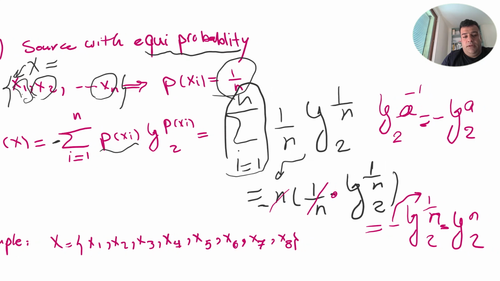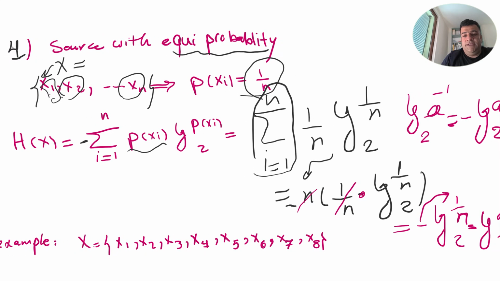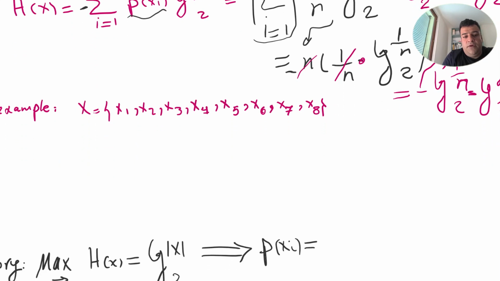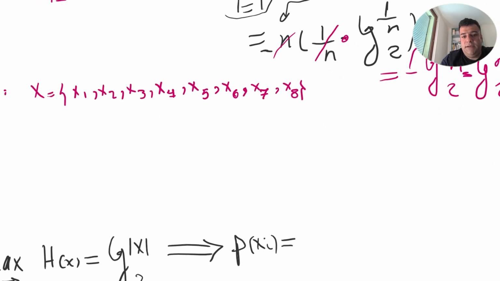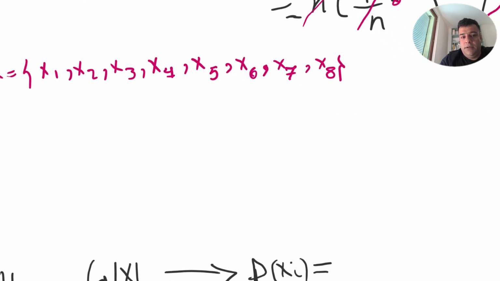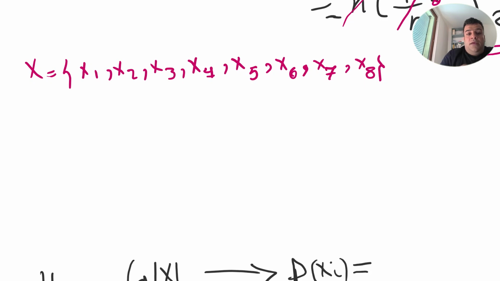For example, let me zoom out. Something like this: we have 8 alphabet symbols in our source, and they are equiprobable.